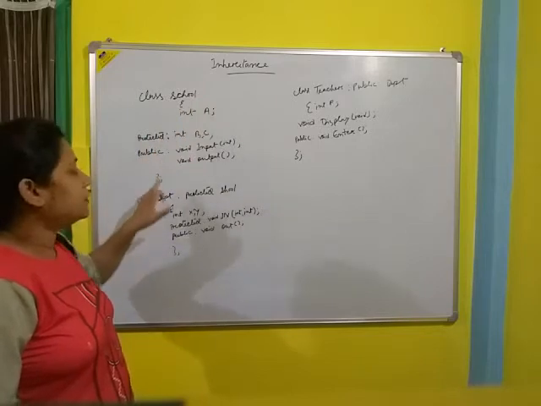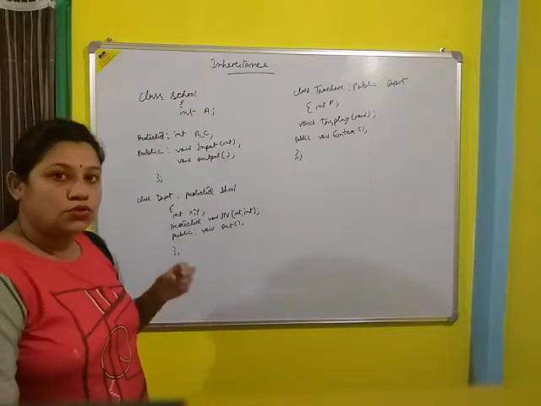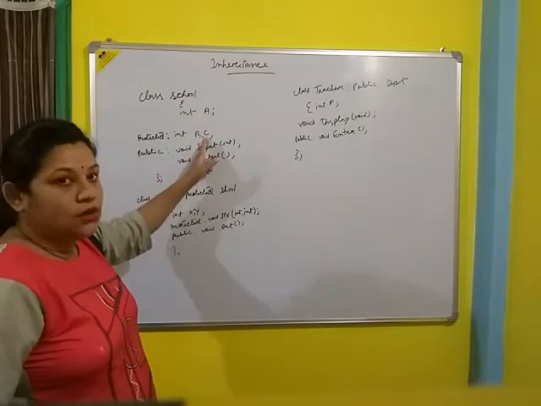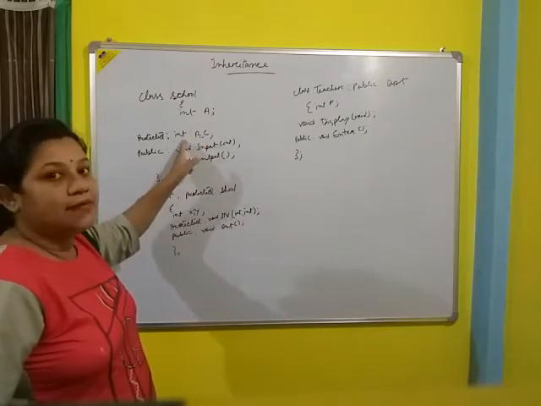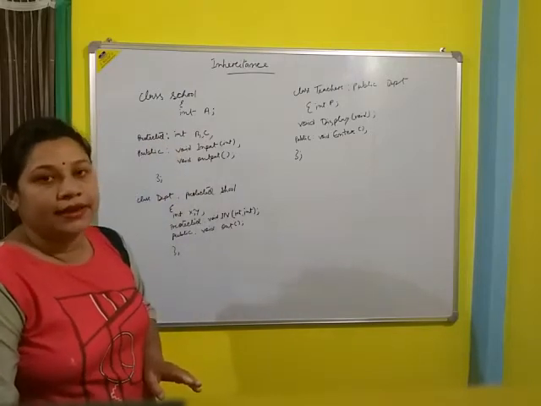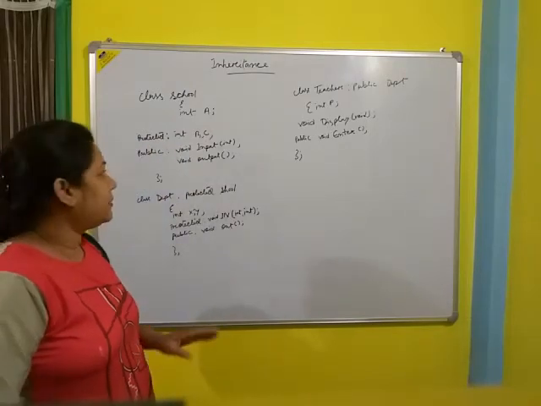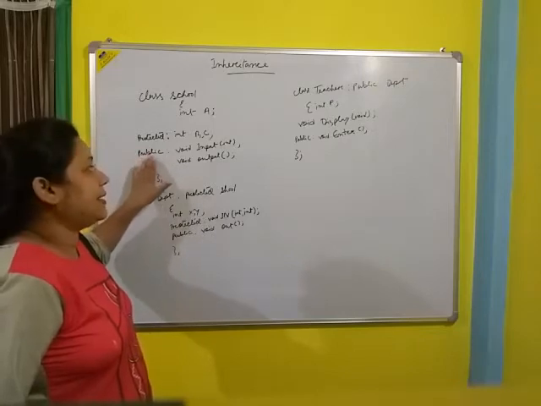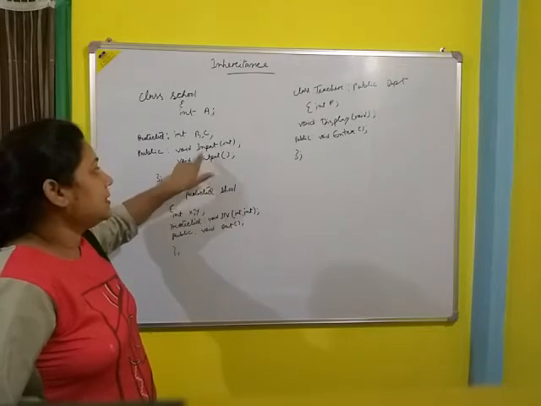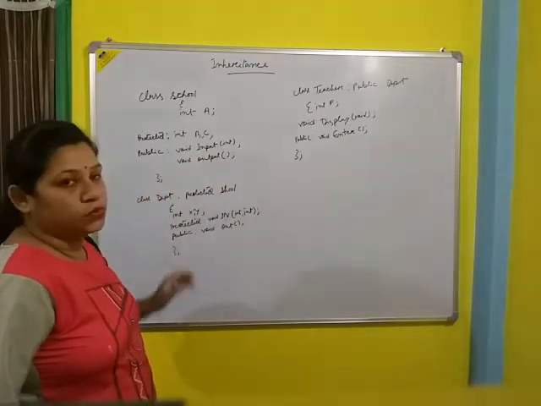Okay. After that, we have two data members, B and C, with integer data type in the protected access level. Okay. After that, in the public level, we have two functions, input and output.